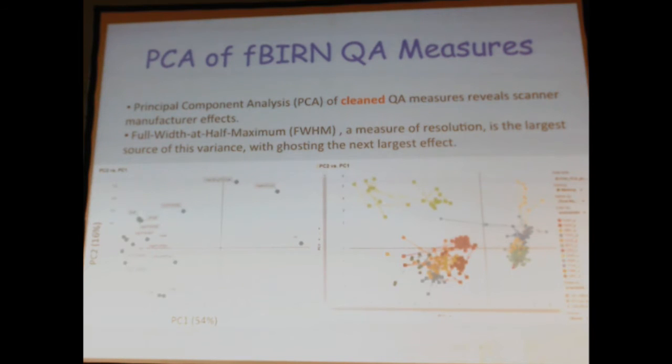So we decided to use my favorite friend, which came up yesterday a couple of times, and that's principal component analysis. We threw it all into the mix. And we actually cleaned it first because we're also tracking the acquisition parameters, and sometimes the sites, for reasons that still escape me, manage to use completely different acquisitions than the one that we've agreed on.